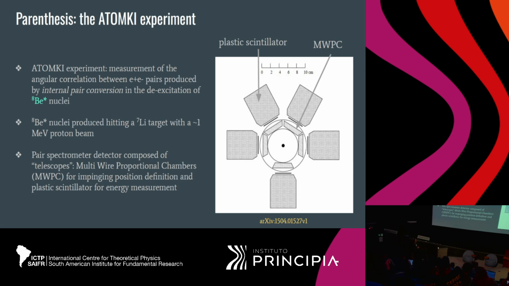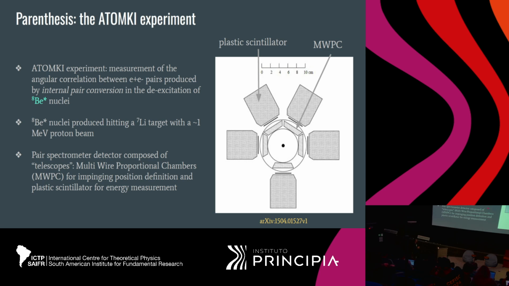Now we'll change the physics scenario a bit, because I want to talk to you for a few minutes about an experiment, which is a nuclear physics experiment, which you may think does not have anything to do with dark matter, but that's not the case.